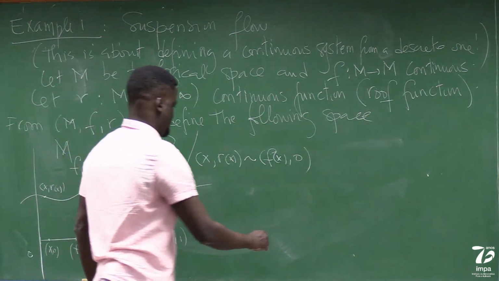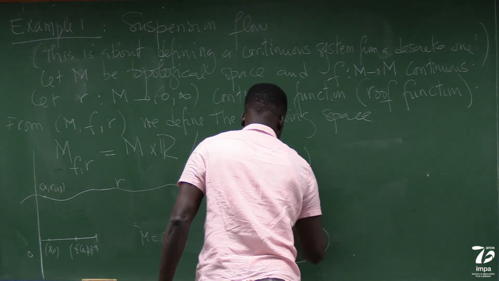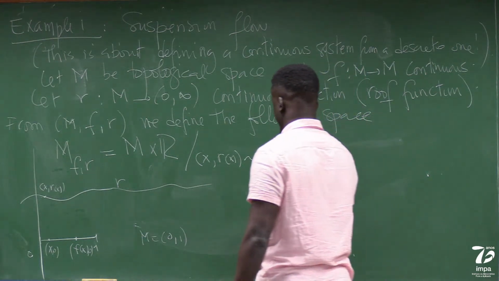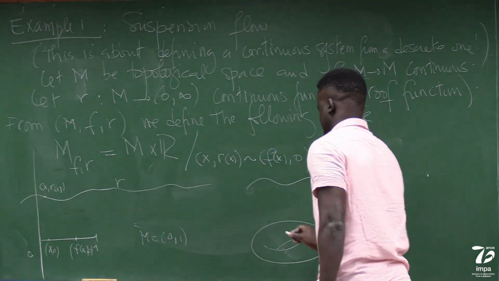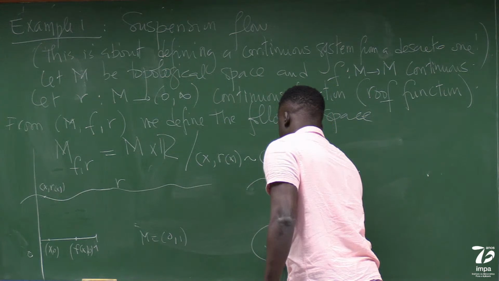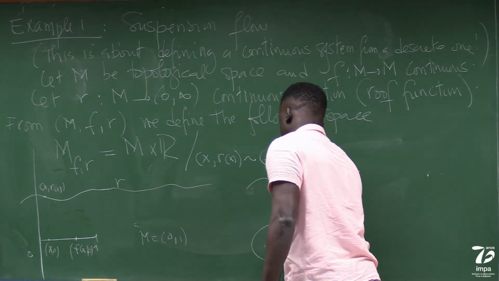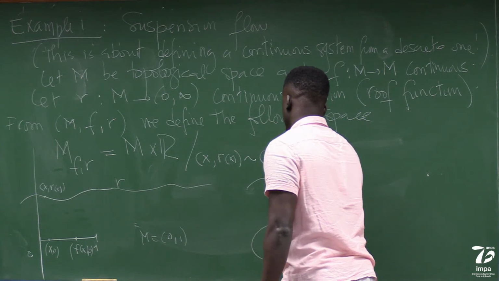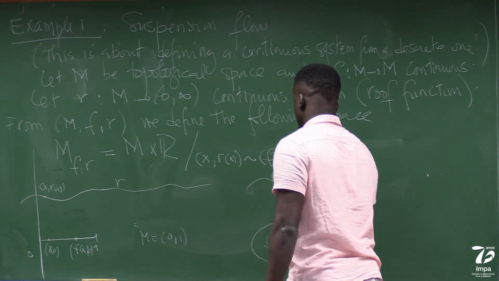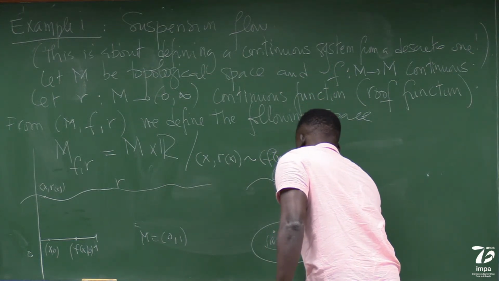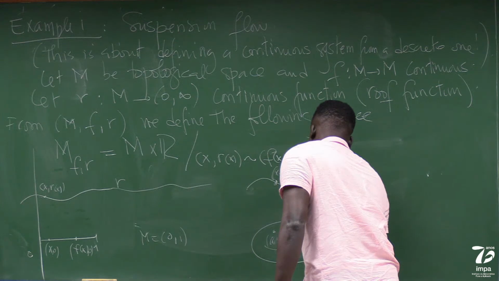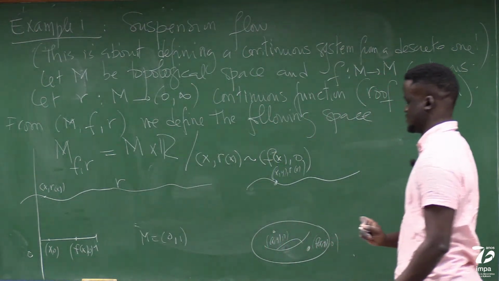If you have any other type of manifold, you can also think of having a roof function. If this is your point (x, y, 0), and this is (x, y, r(x)), this point is mapped to (f(x, y), 0).